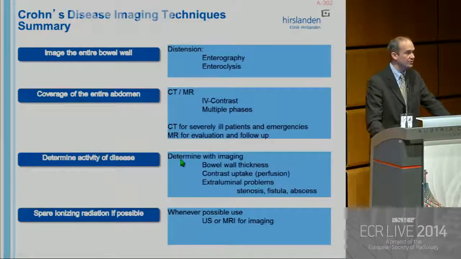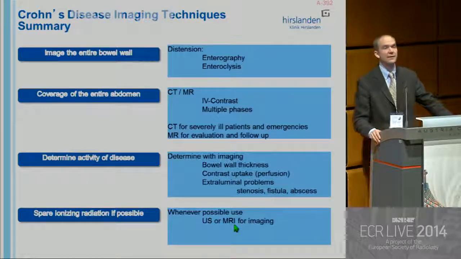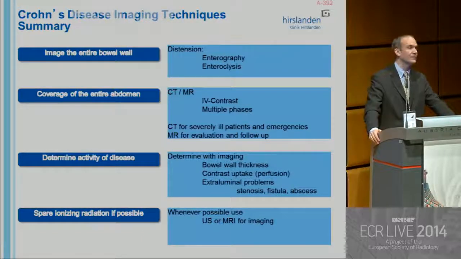So what you should get out of your technique is bowel wall thickening, think of contrast uptake, and look for the extraluminal problems. And, as I said, use ultrasound or MR imaging whenever possible to spare ionizing radiation.